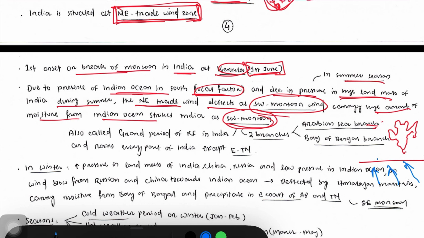Then after reaching the equator, it will move like this, because there is India, and in summer season India is having low pressure because of the land mass. So wind will blow from high pressure to low pressure, so this wind is deflecting towards India. So this is how it is called southwest wind, and due to which first in Kerala coast the monsoon rain will happen, that is on 1st of June.